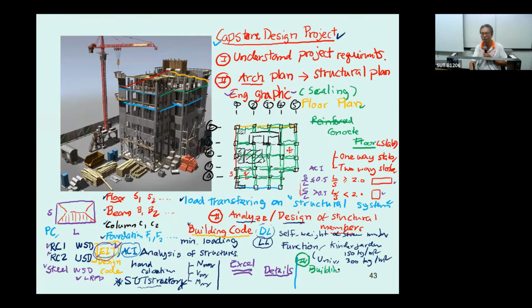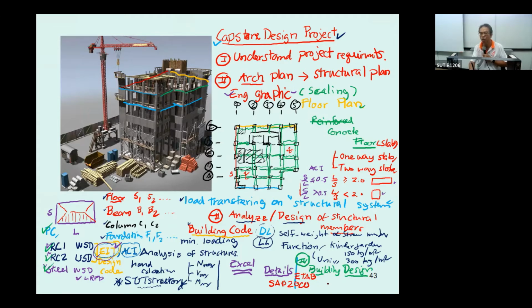After you finish the design courses of concrete, RC1, RC2, timber and steel design, in the 4th year of the first trimester, you will have this building design. In this building design, Professor Mongkol will teach you to use computer programs such as ETABS, or the program called SAP 2000.